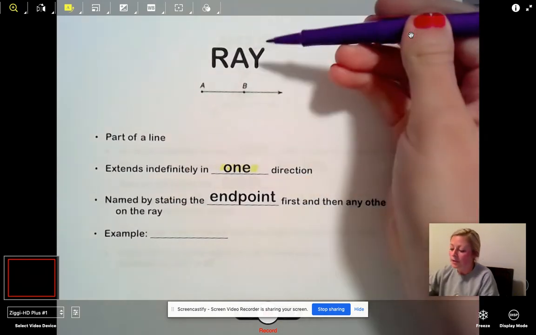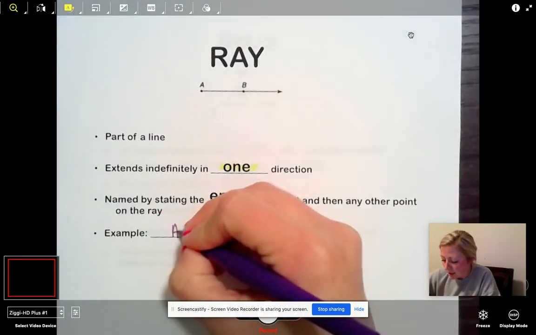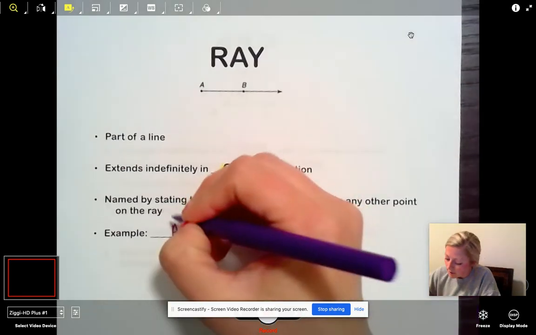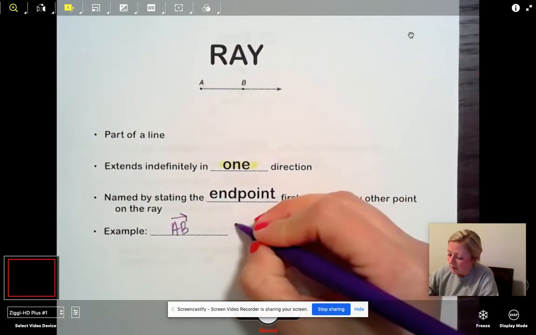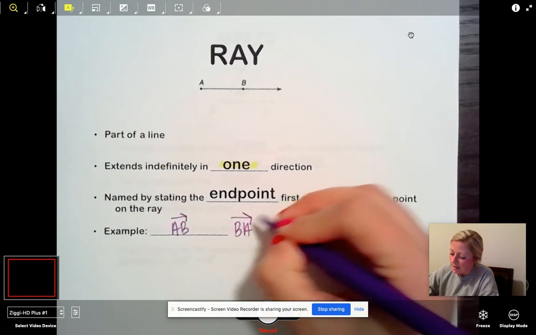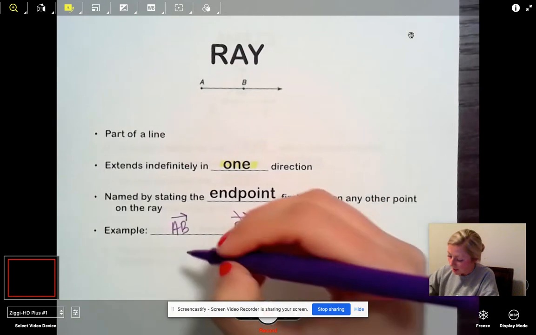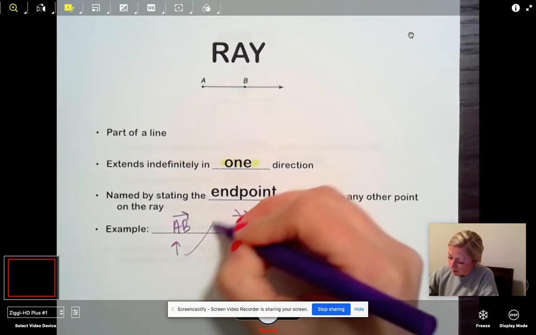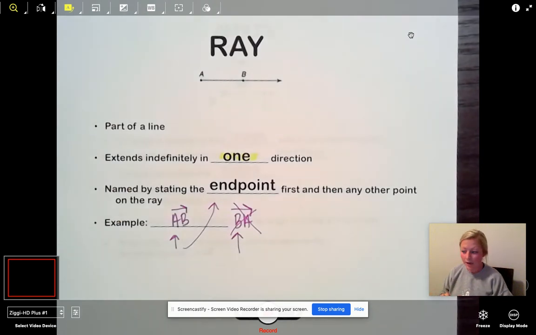So for our example here, we would name it ray AB, and you put the little ray symbol on top. And just so we know, BA does not work because B is not the endpoint. A is our endpoint. Remember, it has to have the endpoint first, otherwise it's not right.